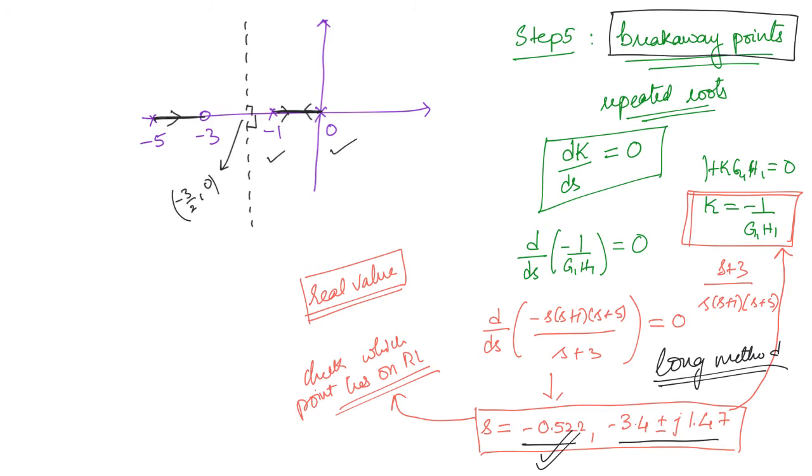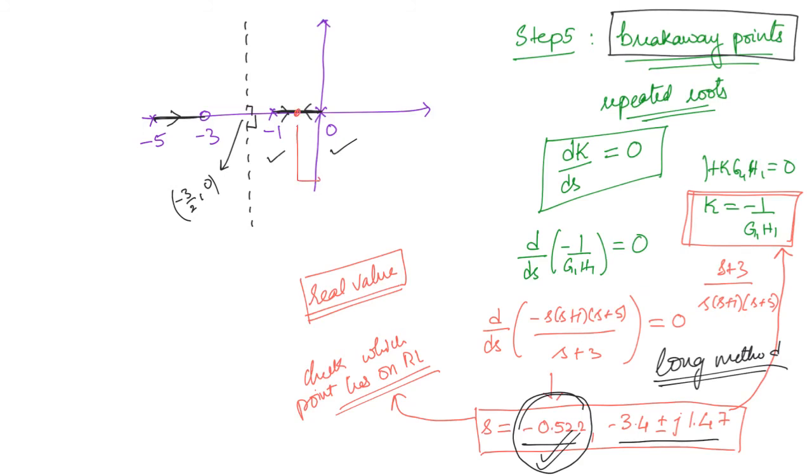When there are adjacent poles with no other zero in between, then a breakaway point should lie between these two poles. Even if there are two adjacent zeros, in that case also there will be a breakaway point. So here between 0 and minus 1, only the value minus 0.522 is satisfying. So this is the required breakaway point. Okay, so we will mark the breakaway point here.